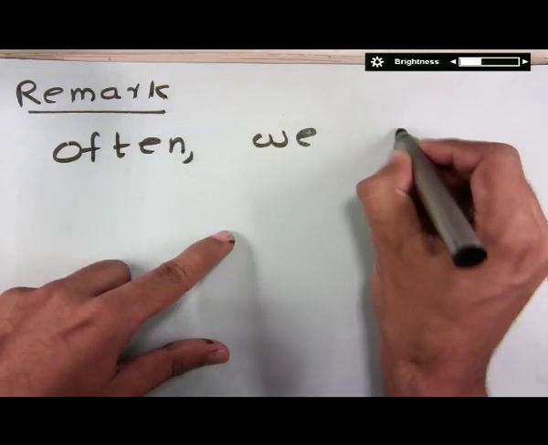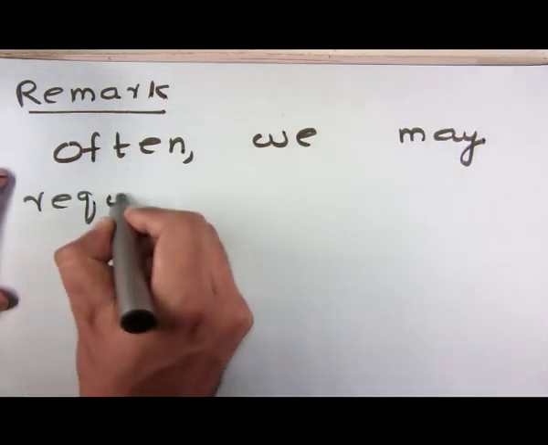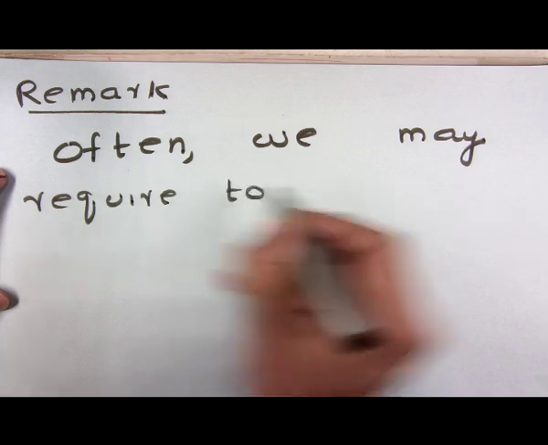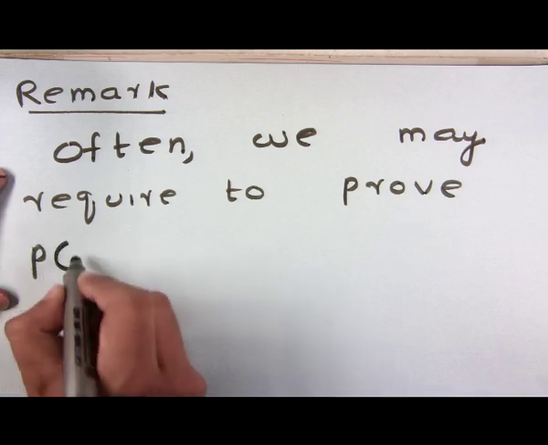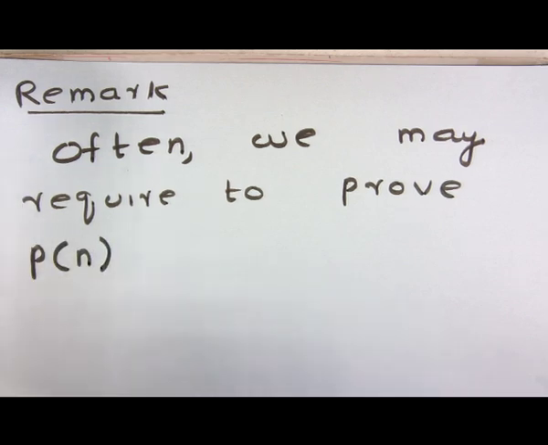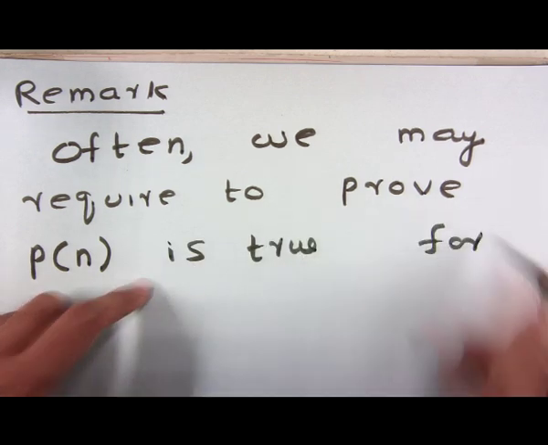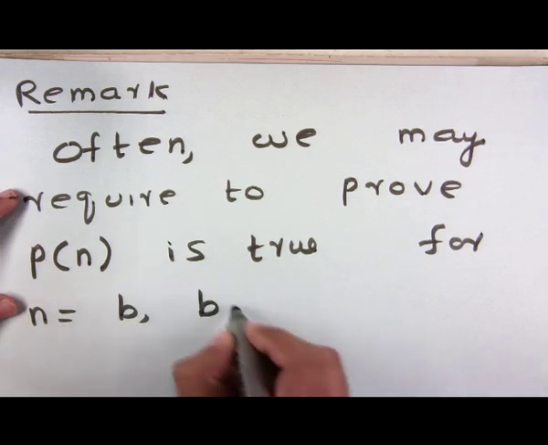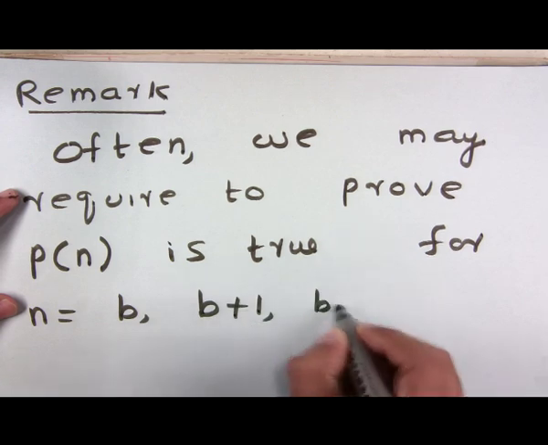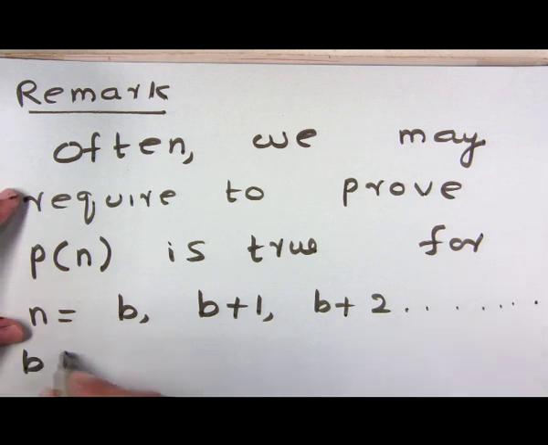Often we may be required to prove that the statement involving a natural number, say P of n, is true for n starting from b, b plus 1, b plus 2 and so on, where b is some integer other than 1.